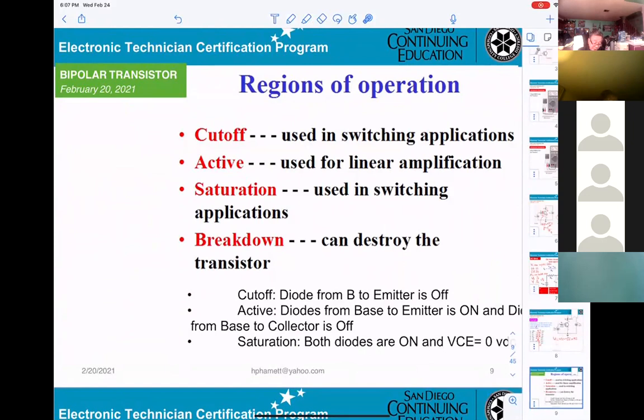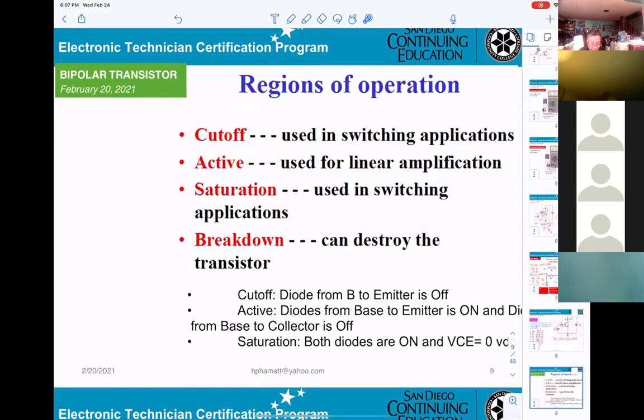The first one they say cutoff mode. Okay, used for switching application. You can turn on, turn off. The next region will be called active.